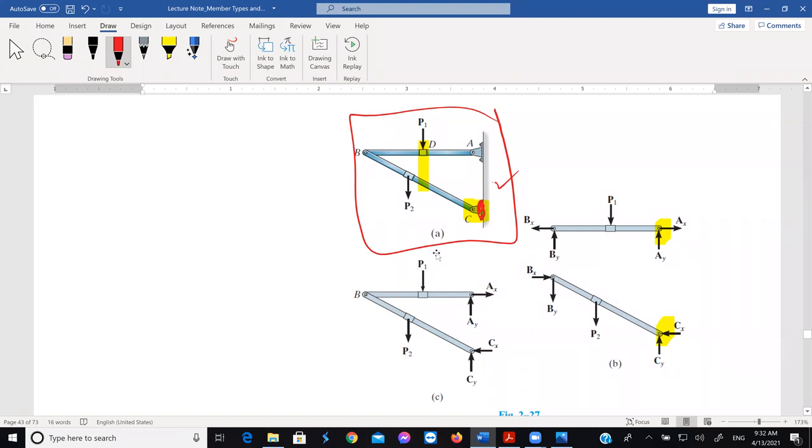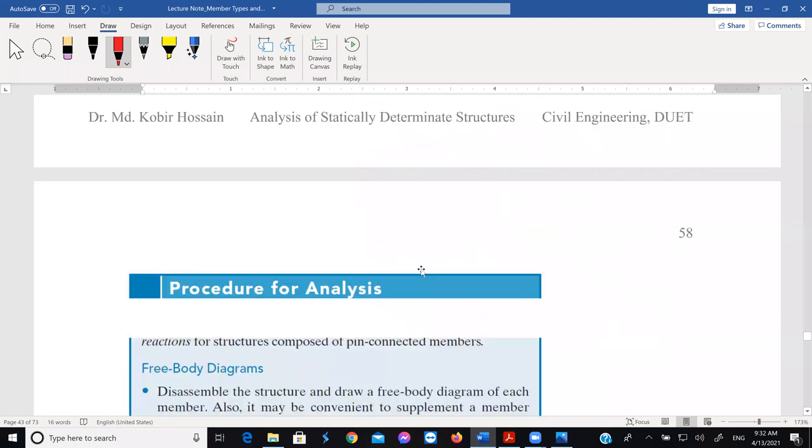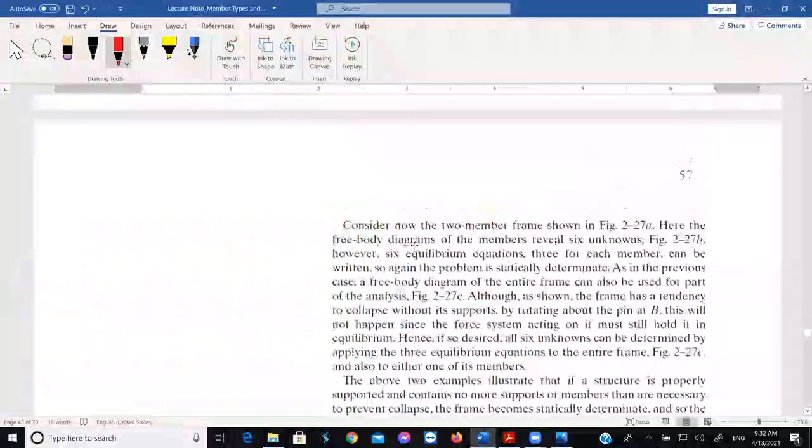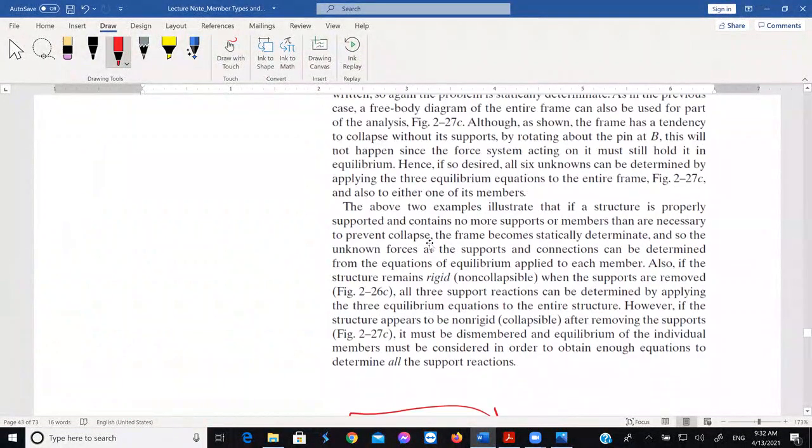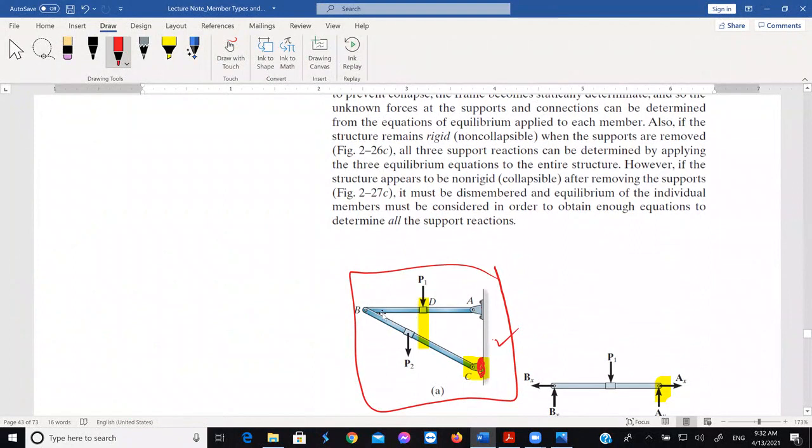And why do we intentionally make structures statically indeterminate? Because for statically determinate structures, if just one member fails, then the whole structure is prone to collapse. So we don't want our structure to collapse.